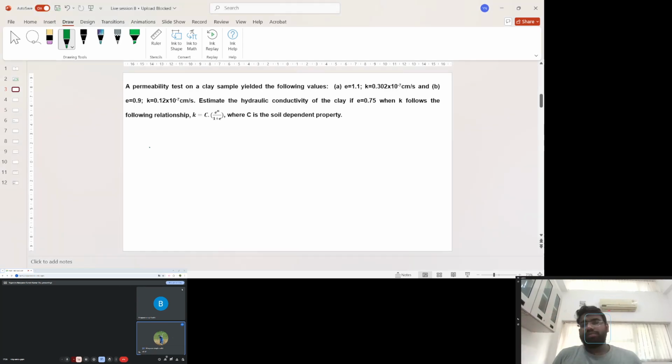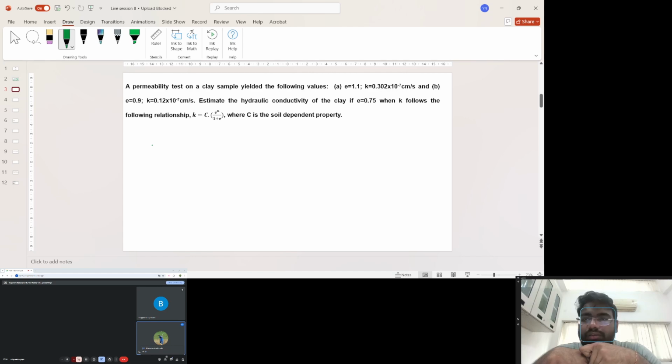Fine. So a permeability test on a clay sample yielded the following values, which is the void ratio is 1.1 and the hydraulic conductivity is 0.302 into 10 power minus 7 centimeter per second.